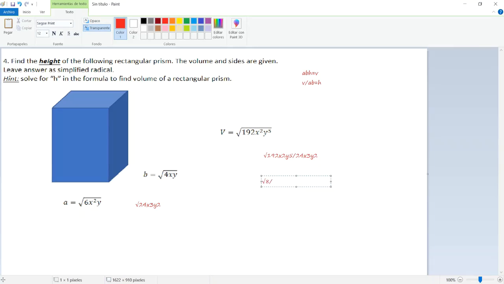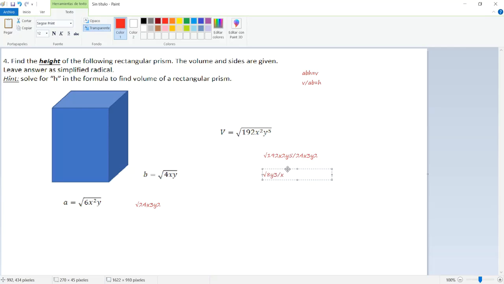Then we do a simple elimination. x² has a difference from x³ of 1, and since x³ is more than x², we leave x down here. And here we have a difference of 3 between y⁵ and y², and since y⁵ is the one that is 3 higher than y², we leave y³ over here.